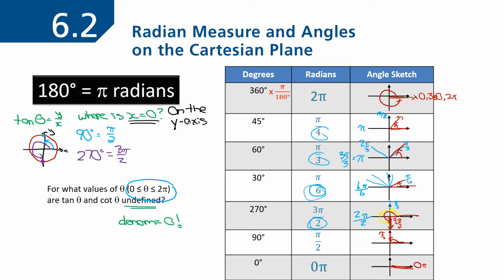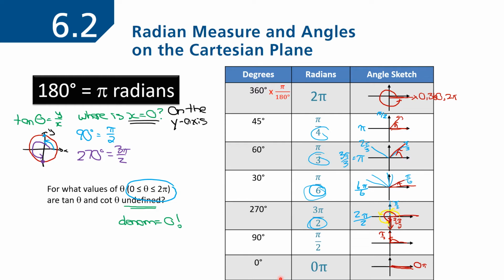So when we're looking at pi over 2 or 3 pi over 2, in both of those cases, the x value is 0. And when our x value is 0, we are going to have an undefined answer because our denominator is 0. So that's tan we're talking about.